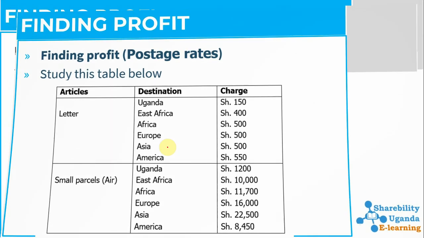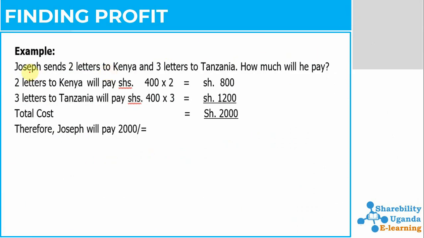Also, when Joseph sends 2 letters to Kenya, 3 letters, that means the letters should correspond to the value of the letters. Don't put another charge.